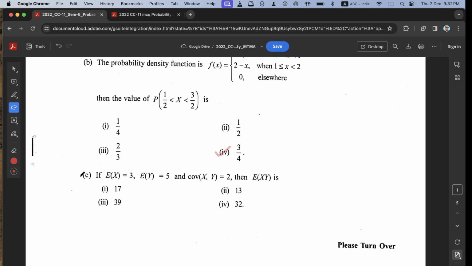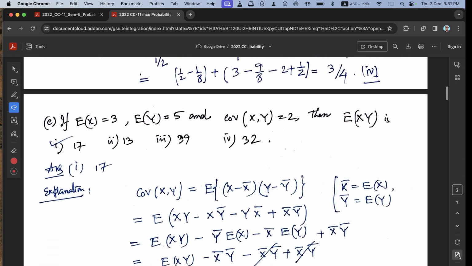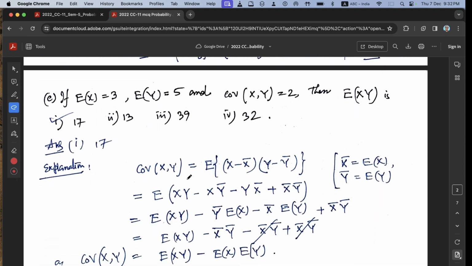Question C. If expectation of X equals 3, expectation of Y equals 5, and covariance of XY equals 2, then find expectation of X into Y. Covariance of X and Y equals expectation of (X minus x bar) into (Y minus y bar).